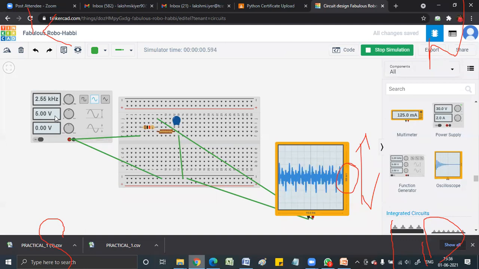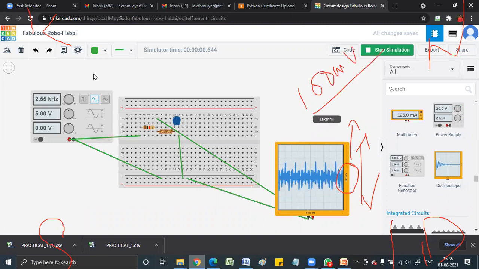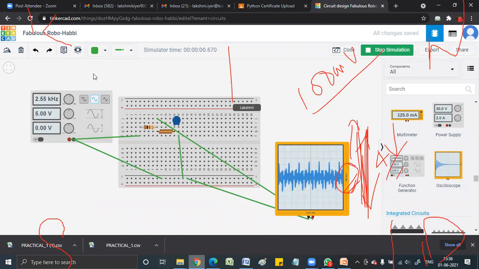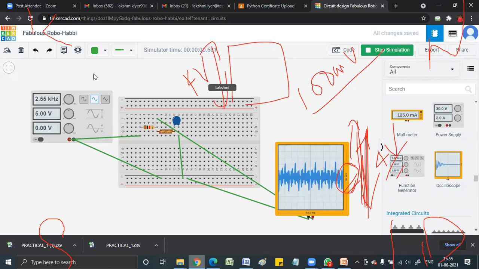I'm able to see a very, very small signal, but at least a constant looking signal. If I don't give an offset, the entire height over here is 100 millivolts. But I don't want such a small total height of my oscilloscope. So by giving an offset, I'm making it till 4 volts. If the entire height of the oscilloscope is 4 volts, my signal itself is in millivolts, so I'll see it like this.